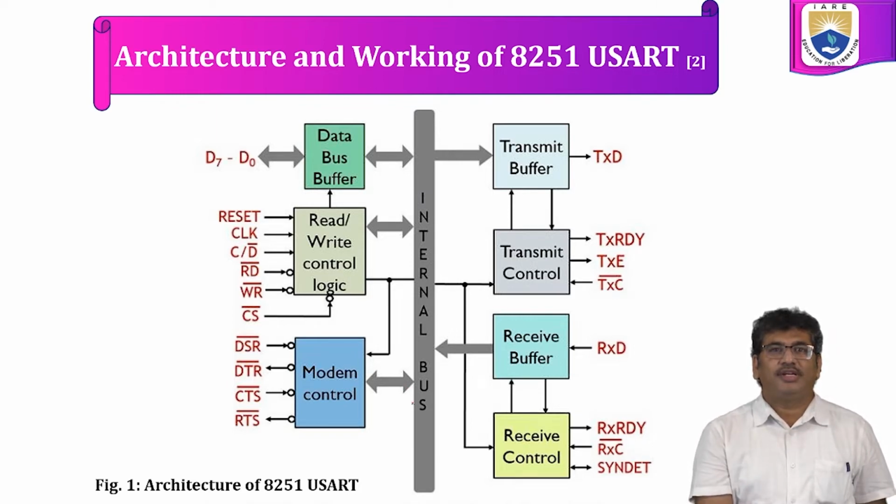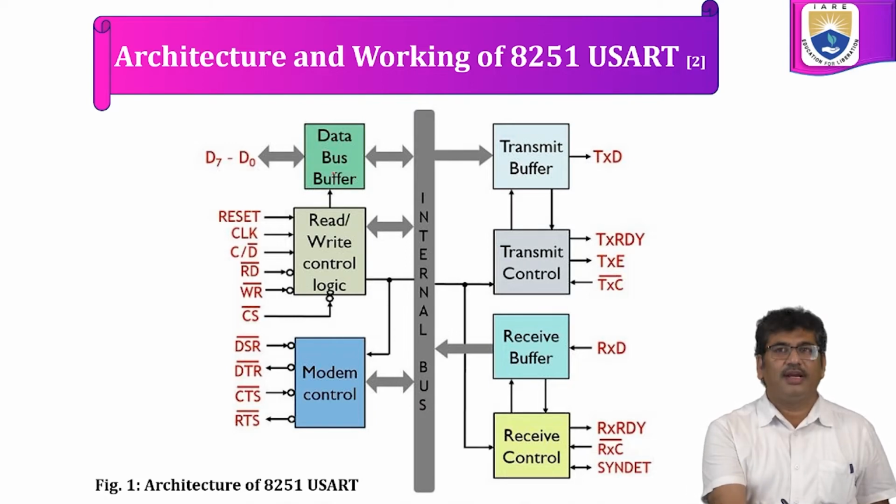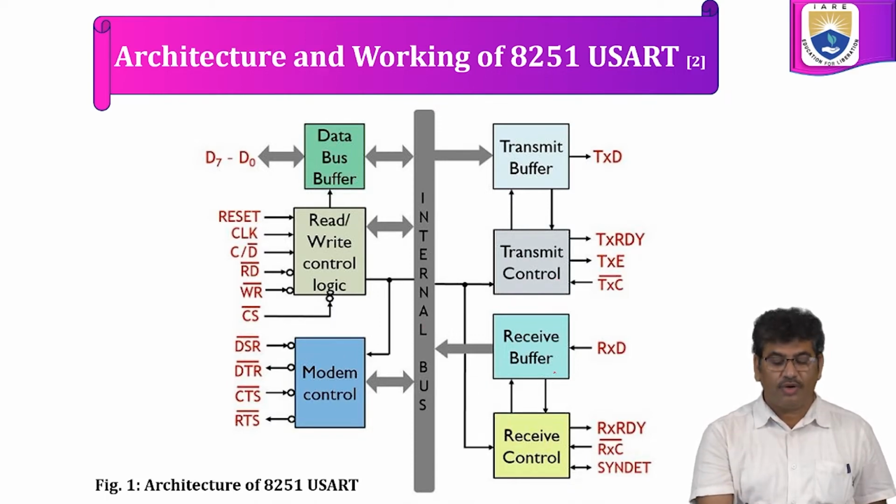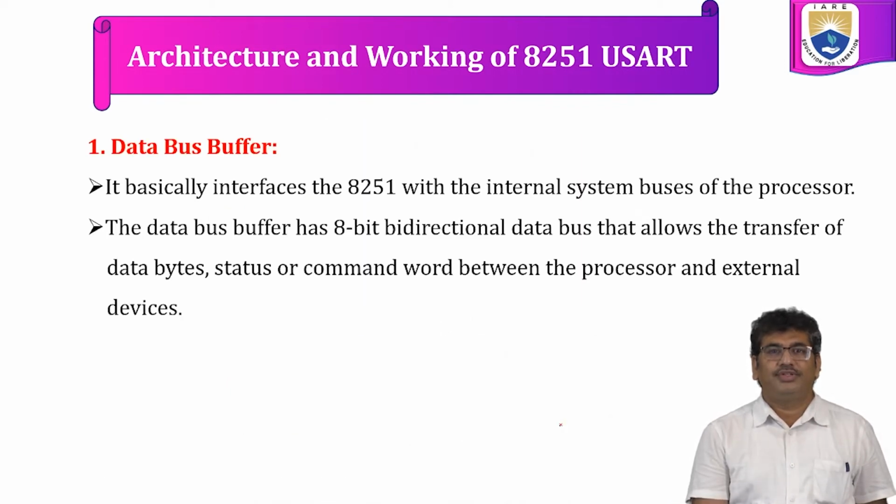The various blocks present in the 8251 are data bus buffer, read-write control logic, modem control, transmit buffer and transmit control, receiver buffer and receiver control. We will see each block, its functionality, and the significance of the pins corresponding to that particular block. The first one is the data bus buffer.